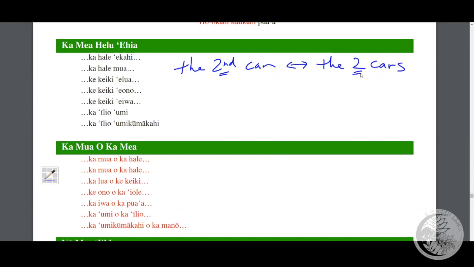So the expression of this, you realize in this one here, second is acting as a kahulu. In this one here, 2 is also acting as a kahulu, but look what's being described. In this one, we're talking about car, that's 1. In this one, they're talking about cars, that's more than 1. So when we translate this real simply, the second car, I know there's only 1 car.